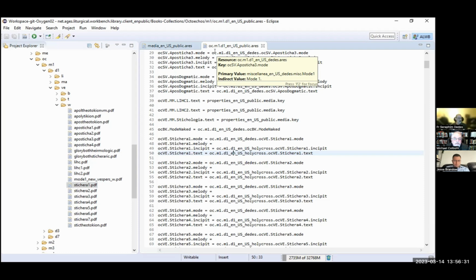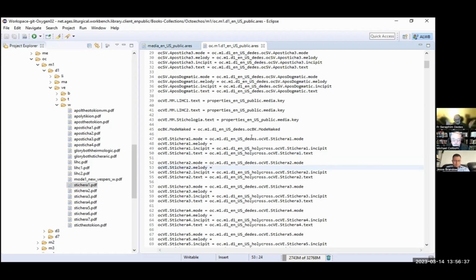So it is the one associated with this public file, which could be Holy Cross or some other translation, but it's what shows up on the DCS. So 1 means yes, 2 means no. And to clarify, it's not public versus private. It's public in the sense that it's a key that's in the public mapping. Correct. Yes. Okay.